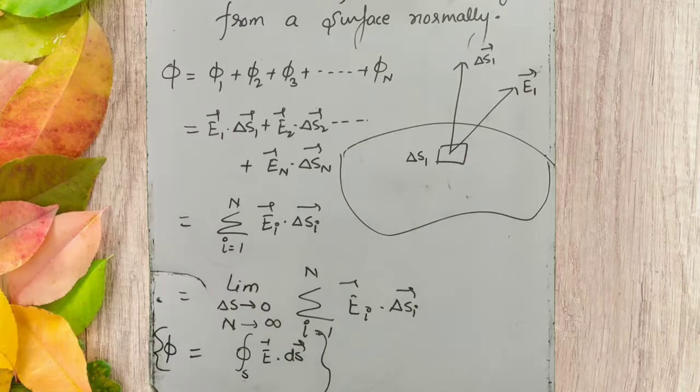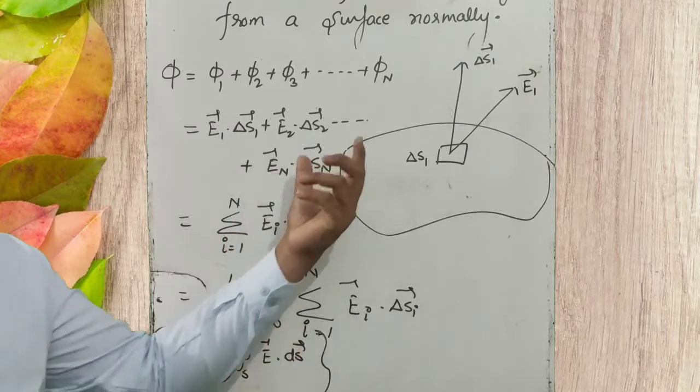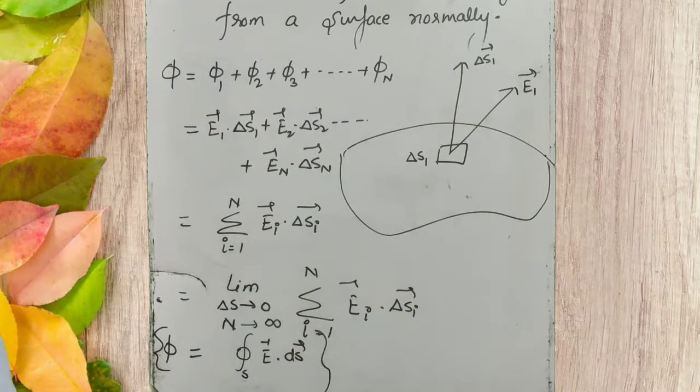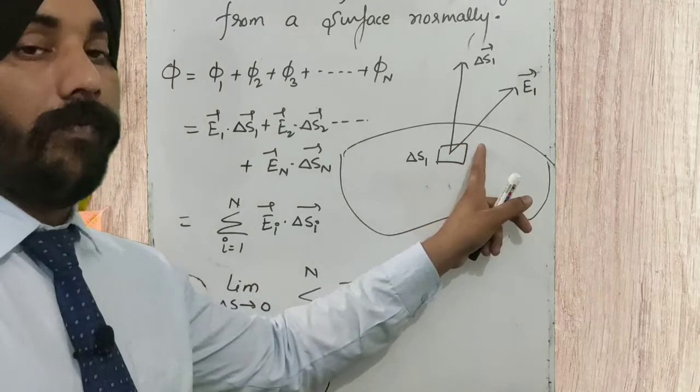This is the final mathematical expression we use for the electric flux passing through a surface kept in a non-uniform electric field.